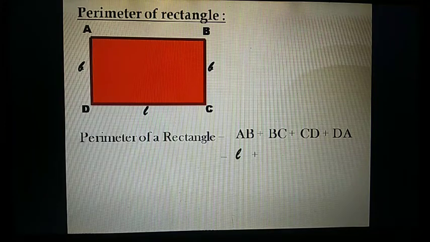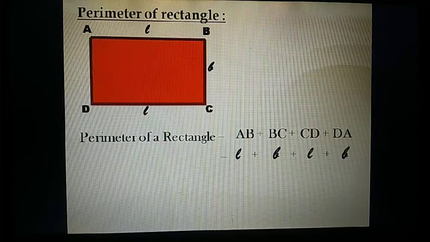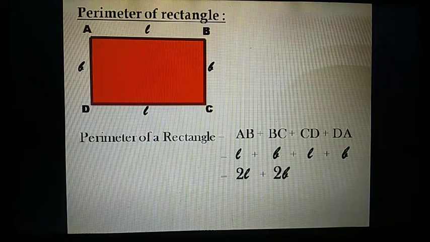Now AB means L, BC is B, CD is L, DA is B. We can add two variables of the same kind. We can add L to L. We cannot add L to B. So we will write it as 2L and 2B. Same variables we can add.